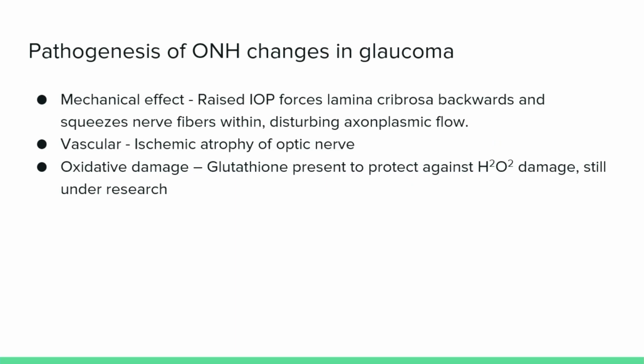Go on. Pathogenesis of ONH changes in glaucoma: there is a mechanical effect, where raised IOP forces the lamina cribrosa backwards and squeezes the nerve fibers within, disturbing the axoplasmic flow. Vascular changes include ischemic atrophy of the optic nerve. Oxidative damage is due to glutathione present to protect against hydrogen peroxide damage. This is still under research.